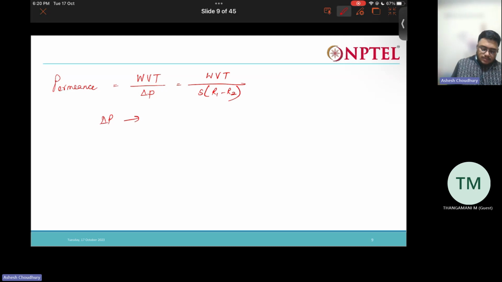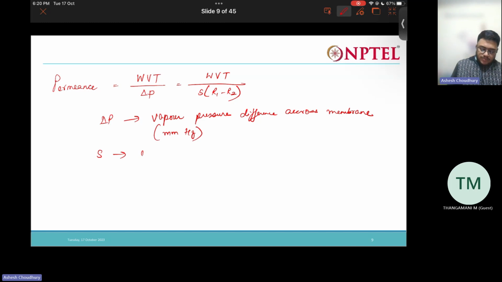So delta P is nothing but the vapor pressure difference across the membrane, and the unit is mm of mercury.